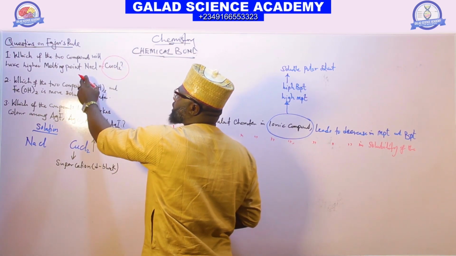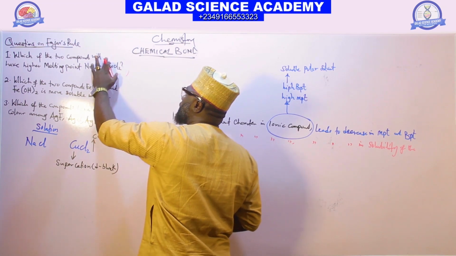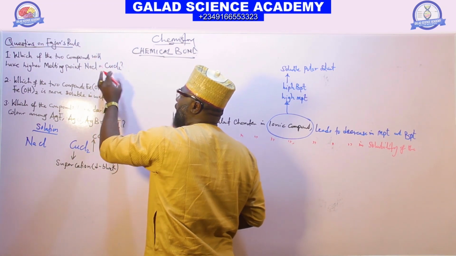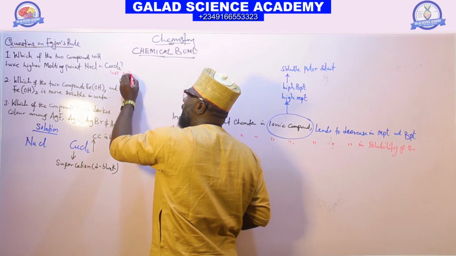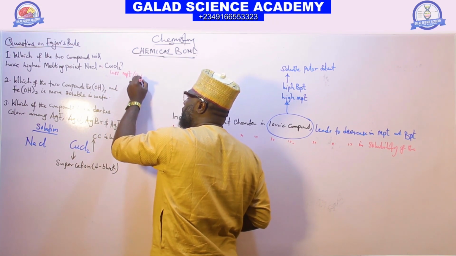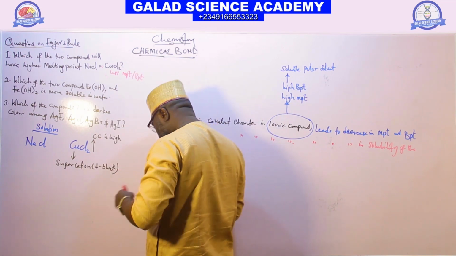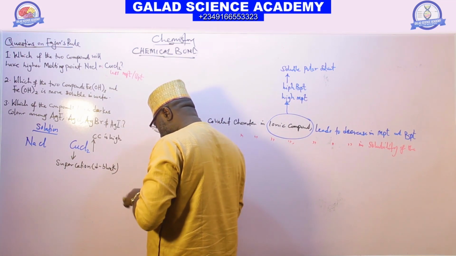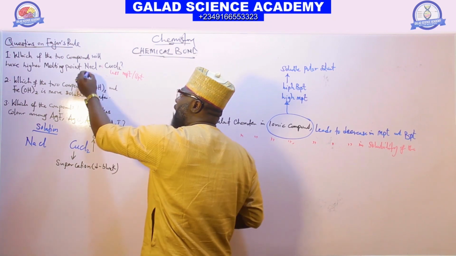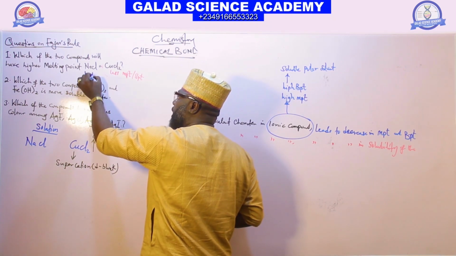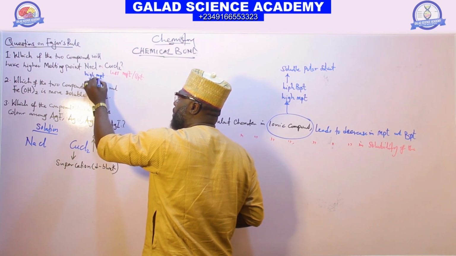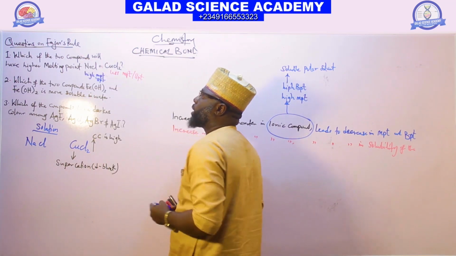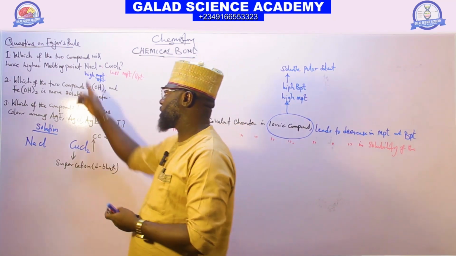No, sorry, this copper chloride will have less melting point and boiling point. But this one we have high melting point and boiling point. What will be the answer now? The answer is C.